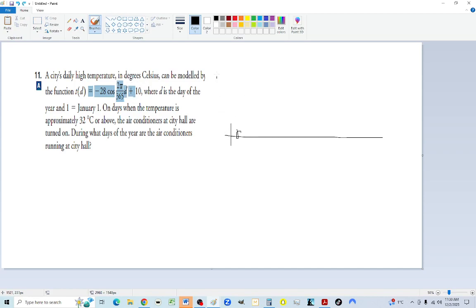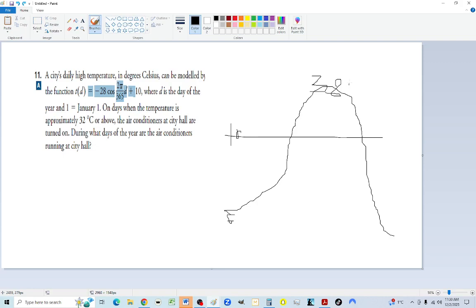Well, how does a cosine curve look normally? Like that. With the flip, though, it's going to start down at January 1st, come up, and go like that. What's the max value going to be? It's going to be 10 plus 28, so we're talking about 38. It would be very good to figure out when it's 0, but they're asking us when it's 32 degrees Celsius.